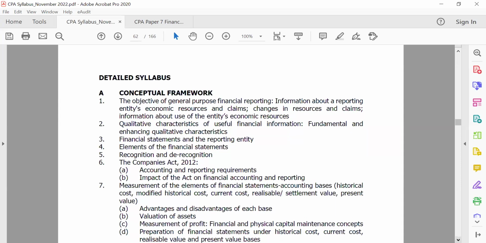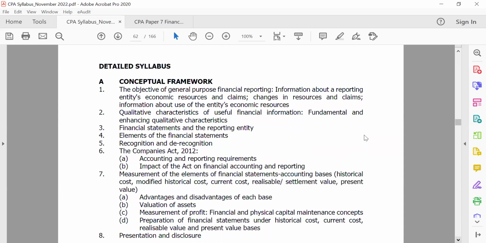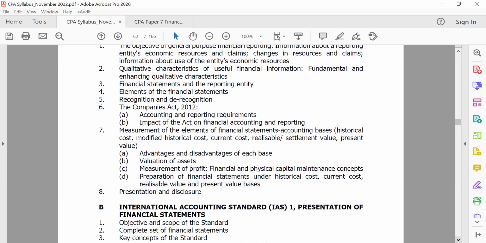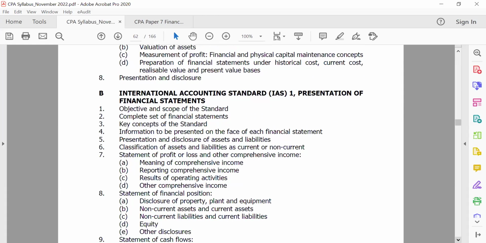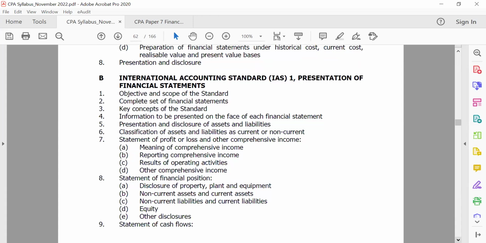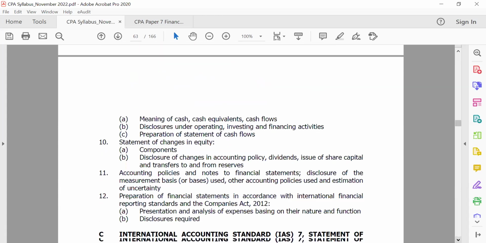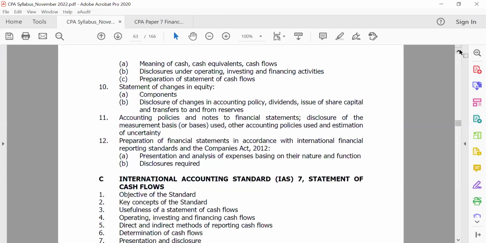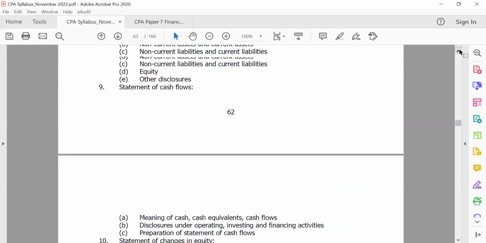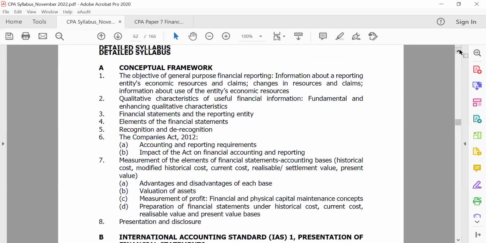You're going to find yourself in a position where you have to apply more than one standard. So that is quite important. That is how our syllabus looks, and that gives you a snapshot of this paper.